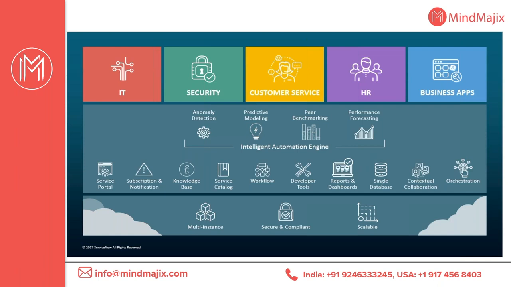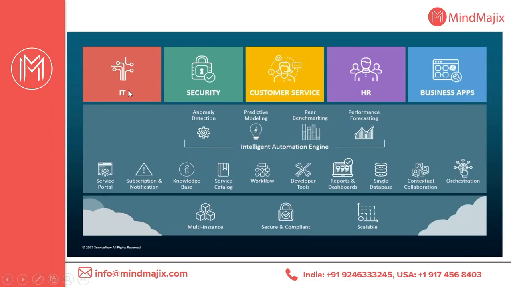So they are leveling up their game, and they have introduced an intelligent automation engine. They are relying on machine learning, using a basic principle of machine learning, which is not shown to us as such, for anomaly detection, for predictive modeling, and other things.